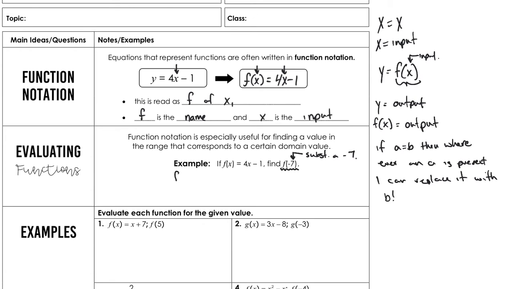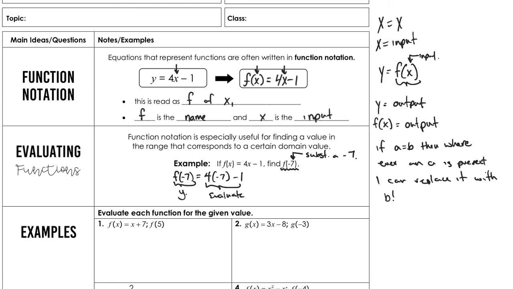So f of negative 7 equals 4 times negative 7 minus 1. Then over here, I'm going to evaluate this. The left-hand side, remember, is y, so this is really like saying y equals.